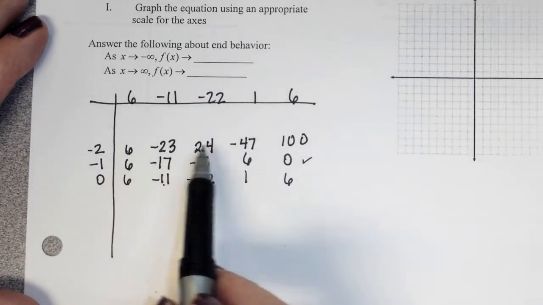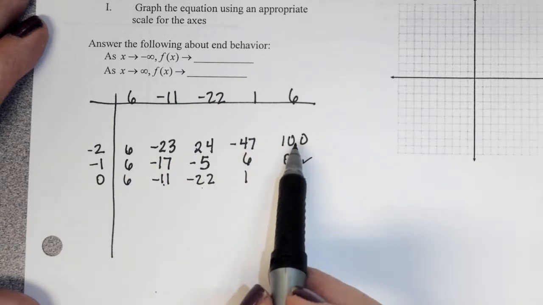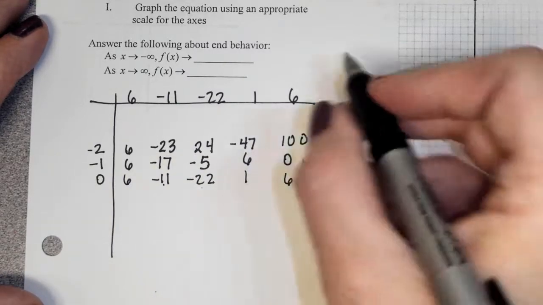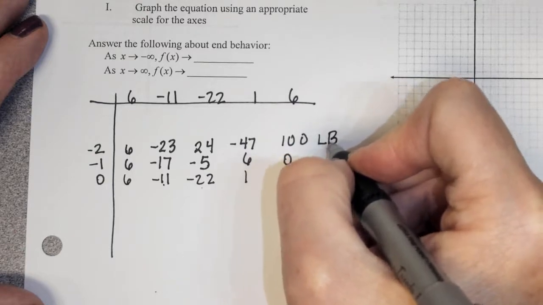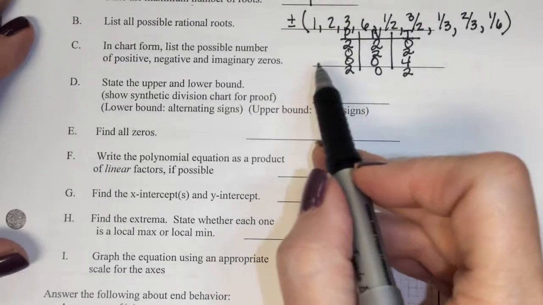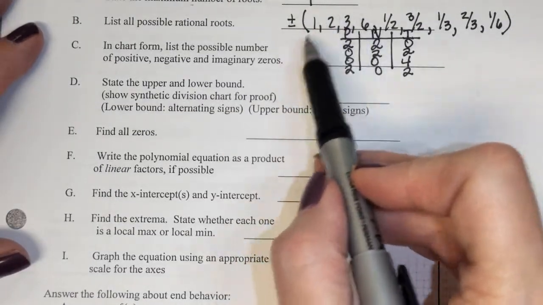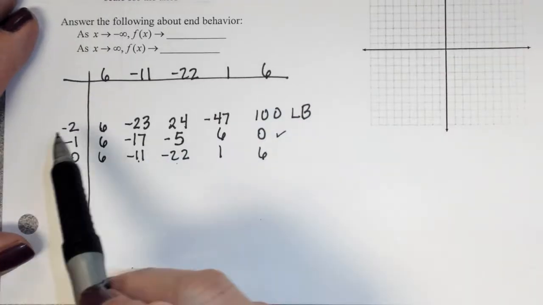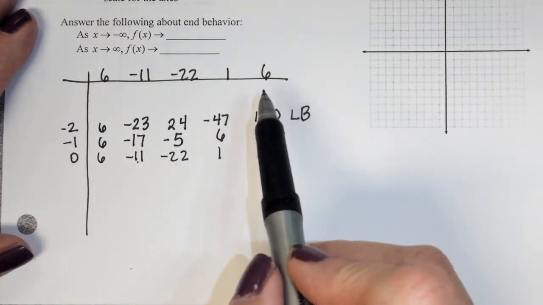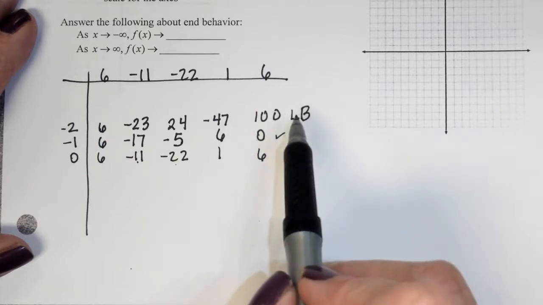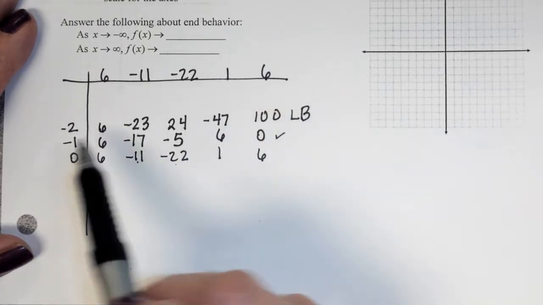Check. Positive, negative, positive, negative, positive. So what is that? That's my lower bound. So look back at my possible roots. -3, -6. Should I even bother checking -3 and -6? No. This is my lowest value that could have been a 0.